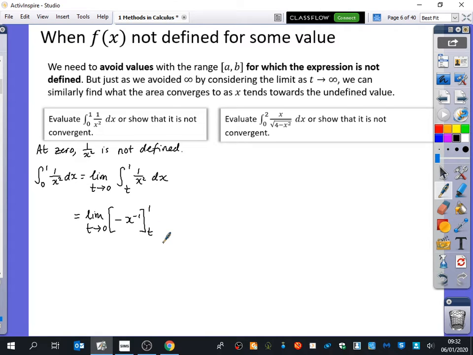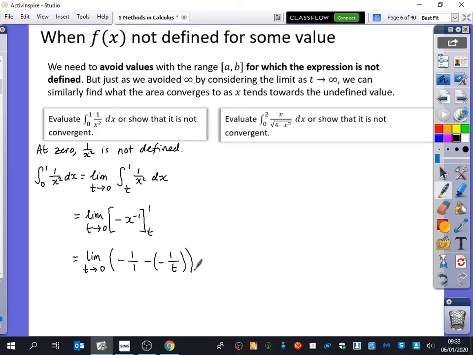And then we've just got simple integration and then some substitution. There you go.